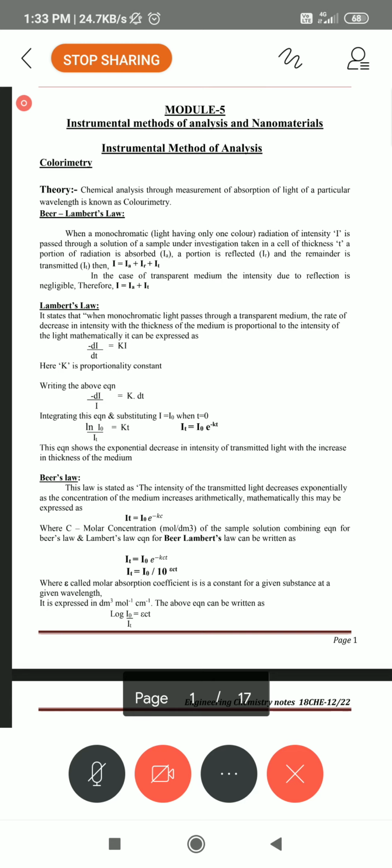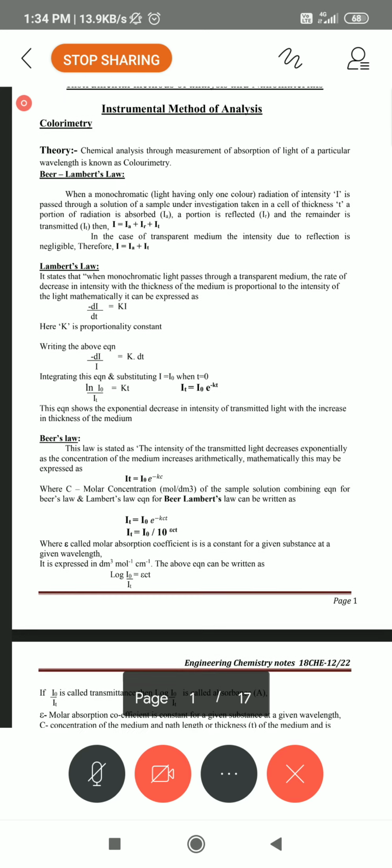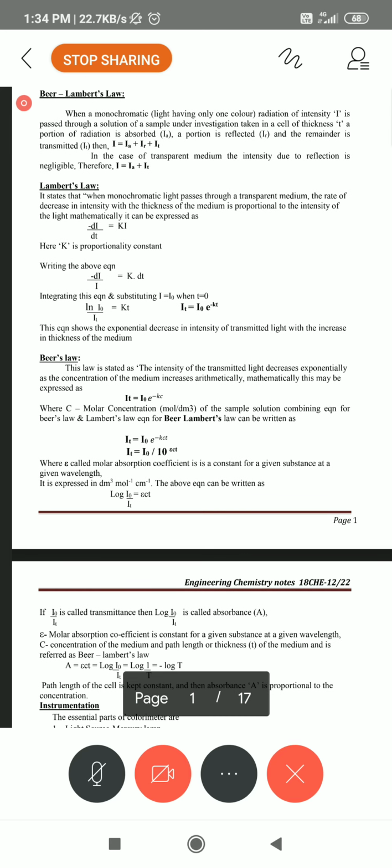So I naught by I is equal to e to the power of kt. Finally I by I naught is what we call transmittance. So transmittance is equal to e to the power of minus kt. This is what we call Lambert's law.